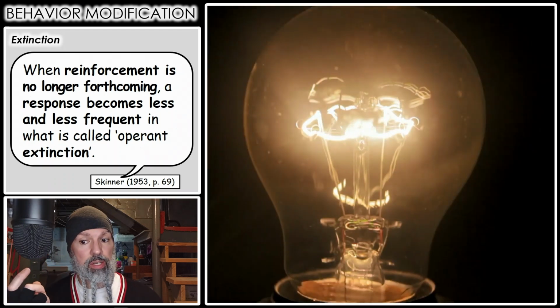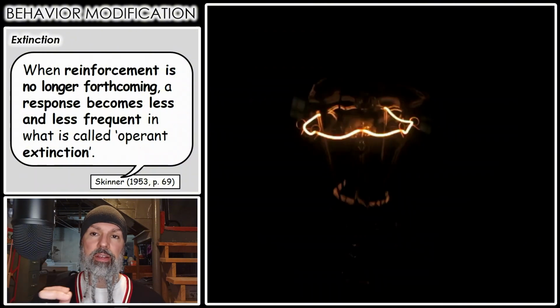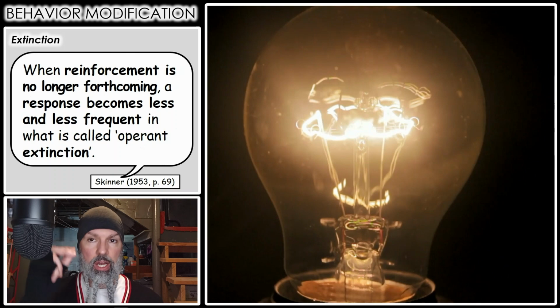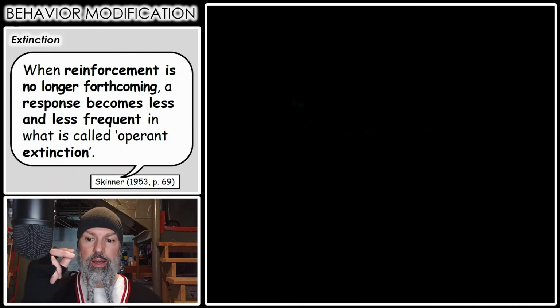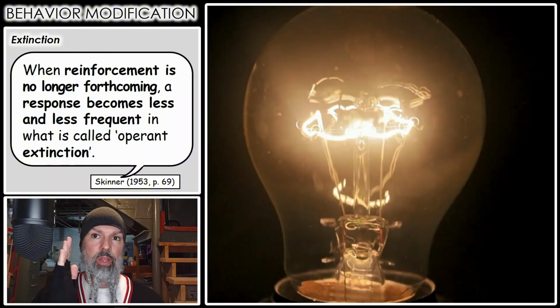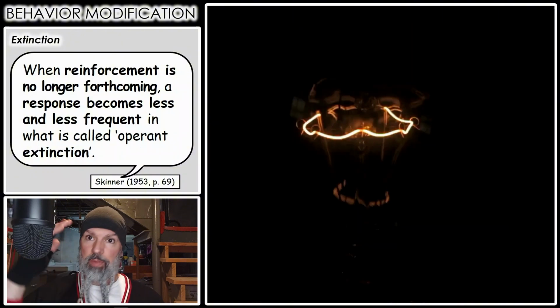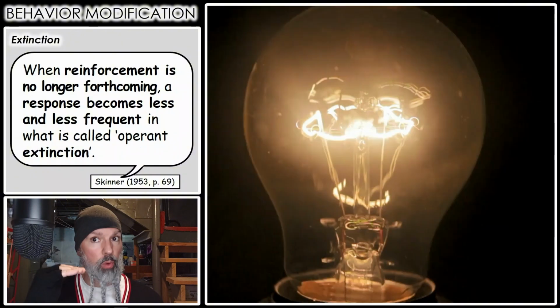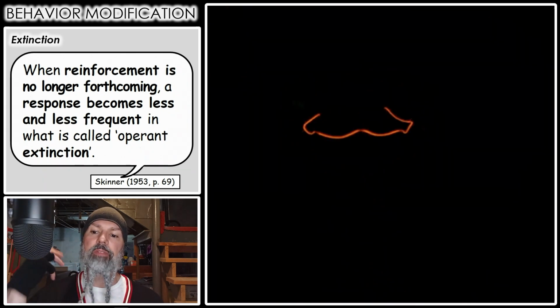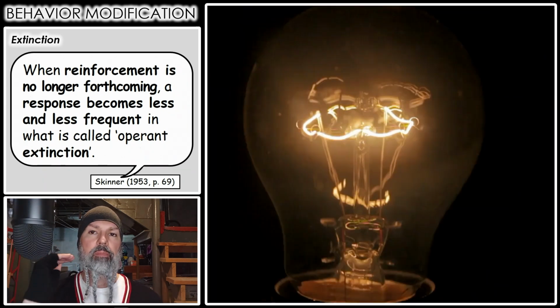That is extinction. If, on the other hand, you actually block the behavior of flicking the switch up and off, that is response blocking. So if, for example, you put some duct tape over that light switch, that light switching behavior will decrease and it'll look like extinction, but it's not extinction because you've actually physically blocked or physically prevented the behavior.